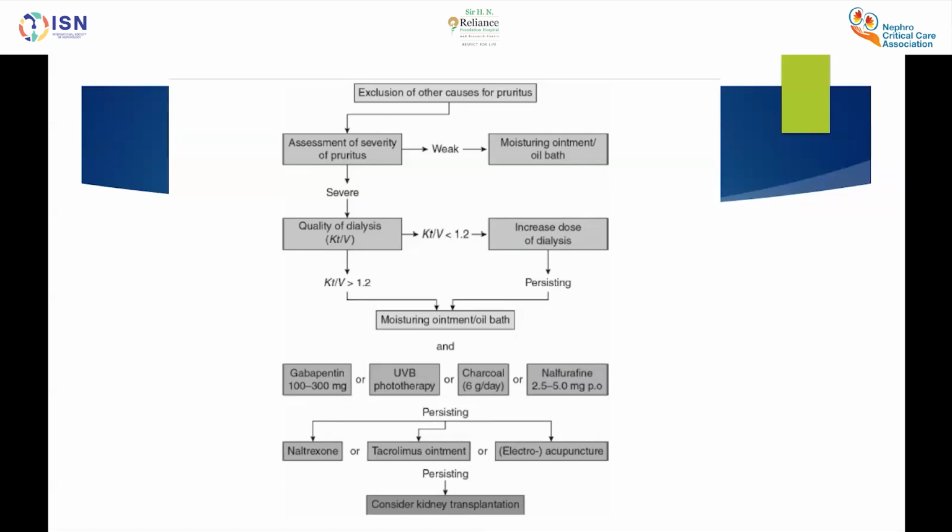Next, if you increase the dose of dialysis and despite that it still persists, then along with moisturizing with emollients, you can combine these various steps: gabapentin, ultraviolet light phototherapy, charcoal, nalfurafine. And despite using all this, if it still persists, then you can try naltrexone, tacrolimus ointment. And if it still persists, then you need to consider kidney transplantation.